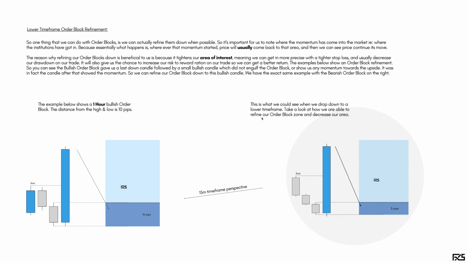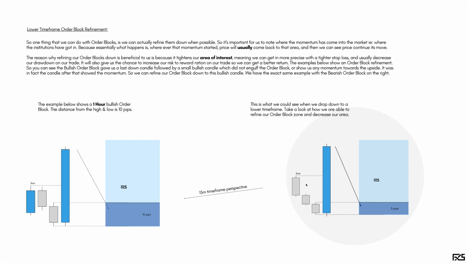Now if we look at a 15-minute time frame perspective, this is what we could be seeing when we drop down from an hourly time frame to a 15-minute time frame. Take a look at how we are able to refine our order block zone and decrease our area to work with. This may be what we could see on the hourly.